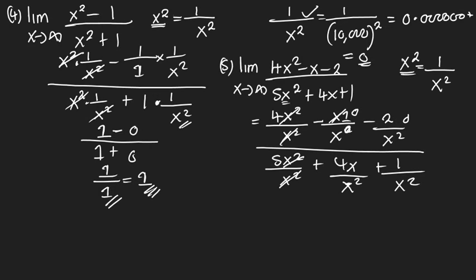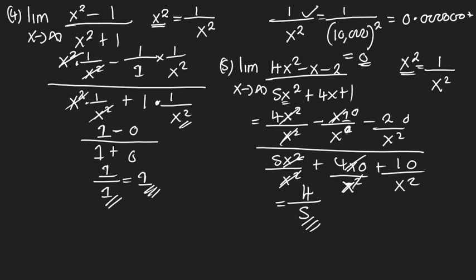This side and this side you can cancel. This will give you 4 over x because that and that will cancel. But 4 divided by 1 trillion will be a number close to 0 again. Even here, it will be a number close to 0. The only eligible number you have is 4 over 5, and that is the limit that you are finding.